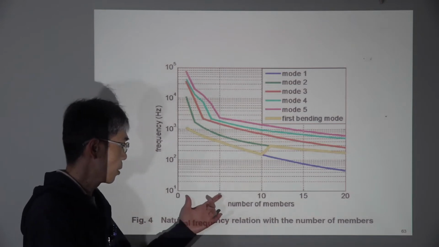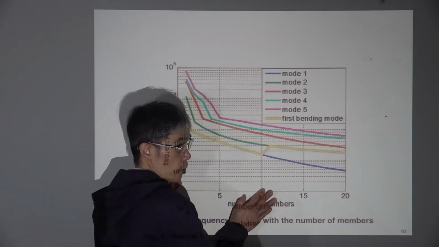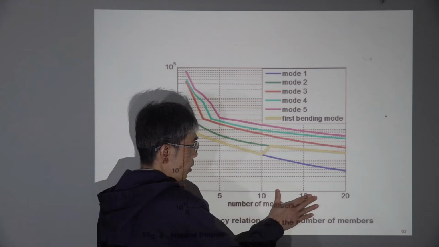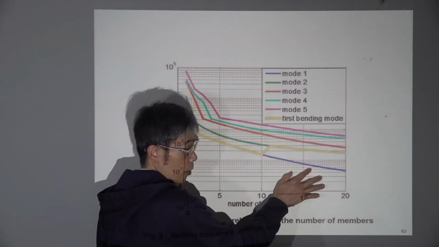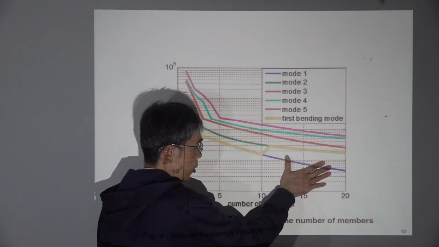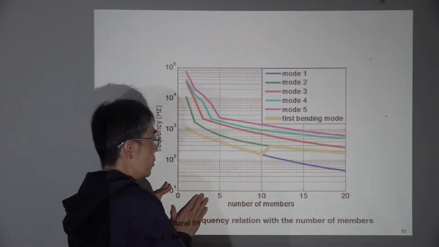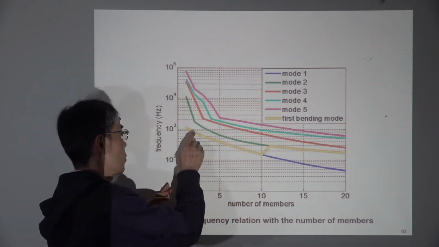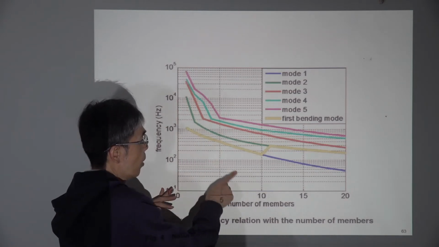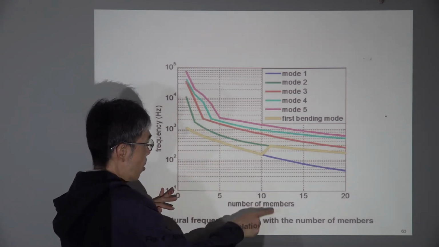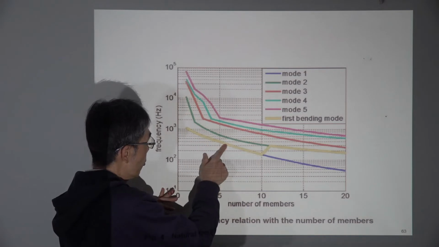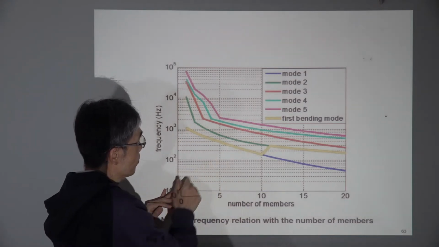See, if we have a large number of beams, then the resonance frequency of the first mode could be low. But if we use fewer beams, then the frequency of the first mode will be higher.